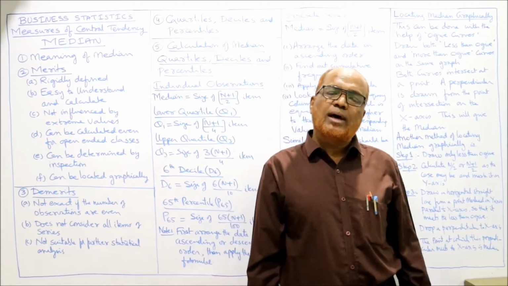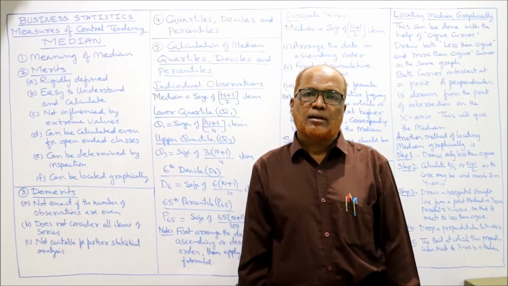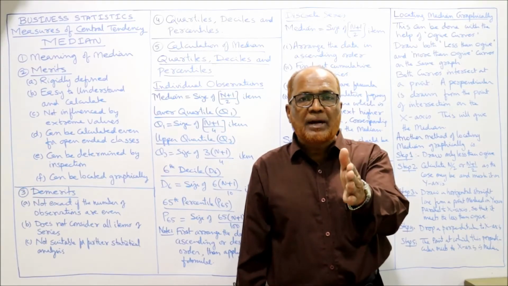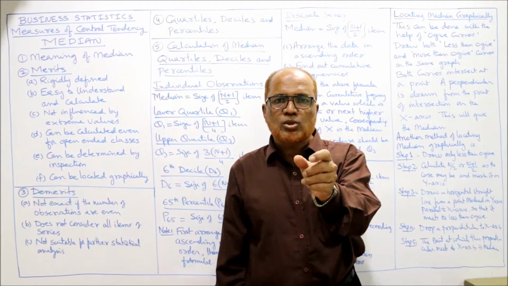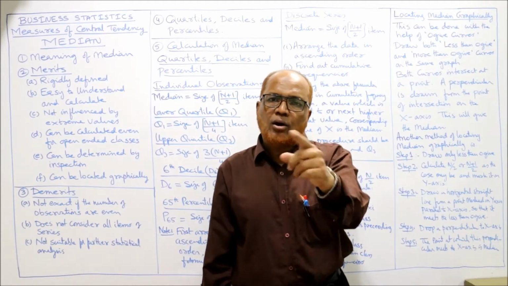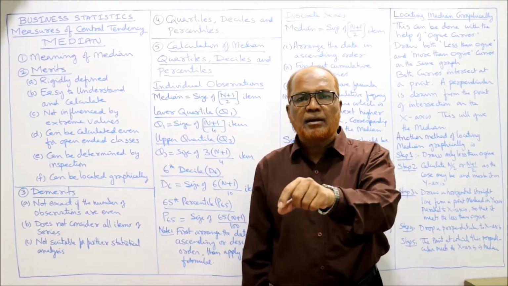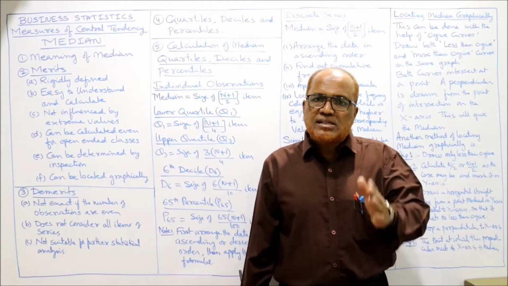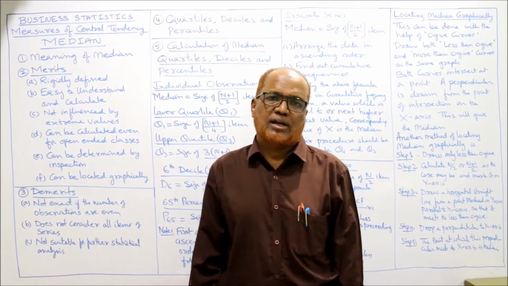Q1 is called the lower quartile. Q3 is called the upper quartile. And Q2 is in the middle, that is the median. The second quartile is the median. Median and second quartile mean one and the same. Q2 and median mean one and the same. Whereas Q1 is the lower quartile, Q3 is the upper quartile.